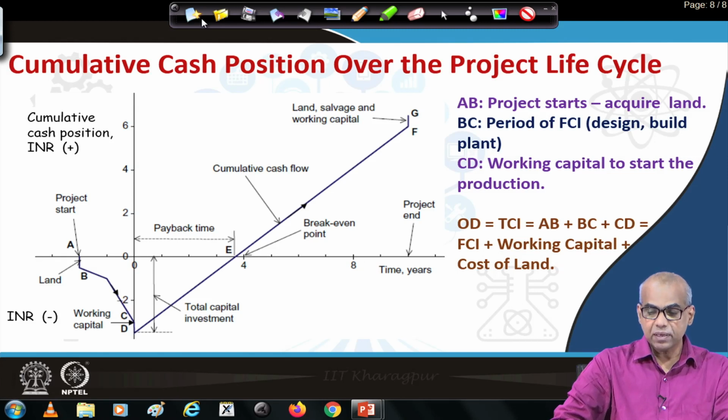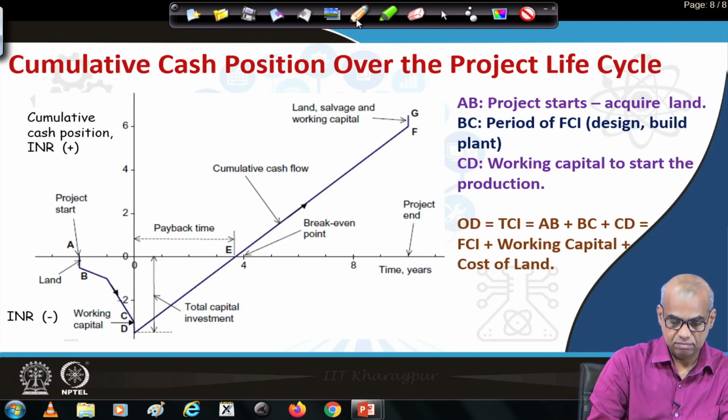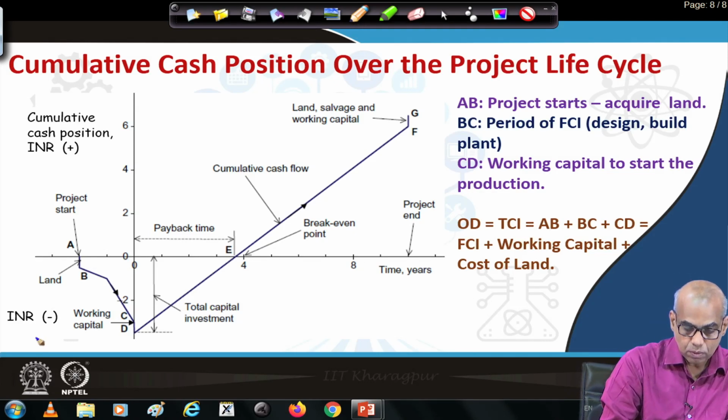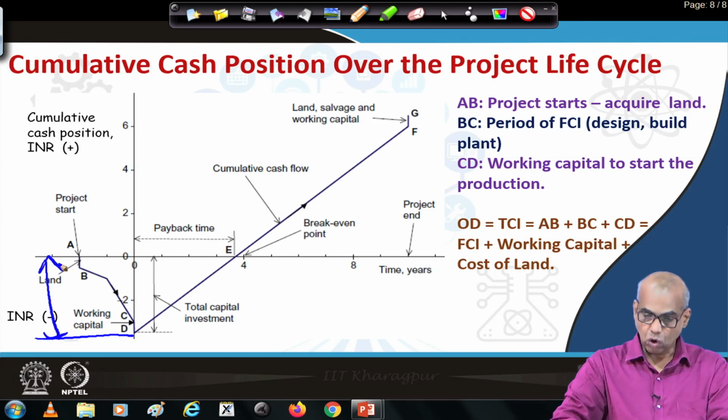So, the total capital investment will be the fixed capital investment, working capital plus the cost of land. So, this entire cost is total capital investment.